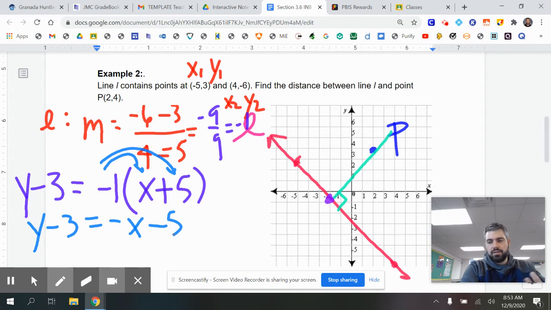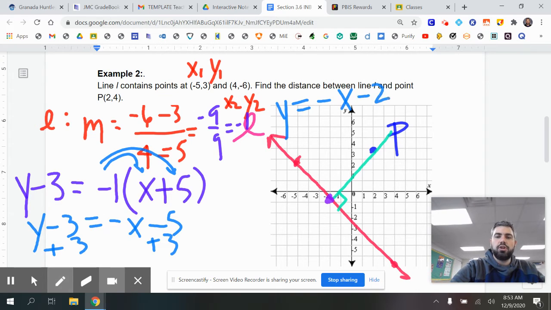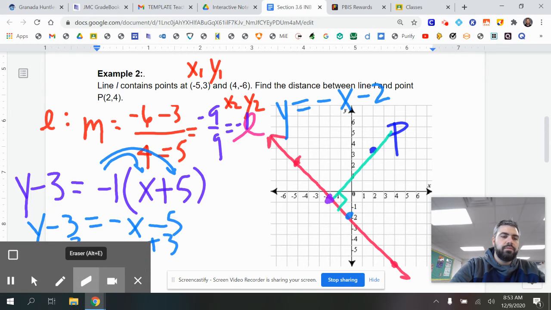And then we add 3, and we find the equation of line L to be y equals -x minus 2, which if you look right there, it kind of looks like it's -2. That's where it crosses the y-axis. Okay, so that's the equation of line L.